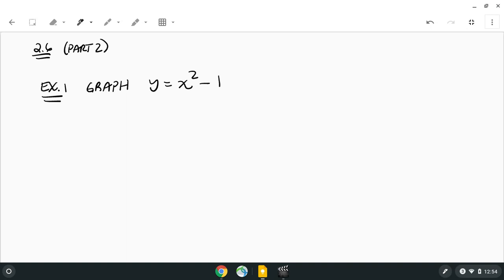Remember, this is outside the parent function. This is inside the parent function. Outside is an up-down shift, and inside the parent function is a left-right shift. So this one tells me that this is going to shift down 1.